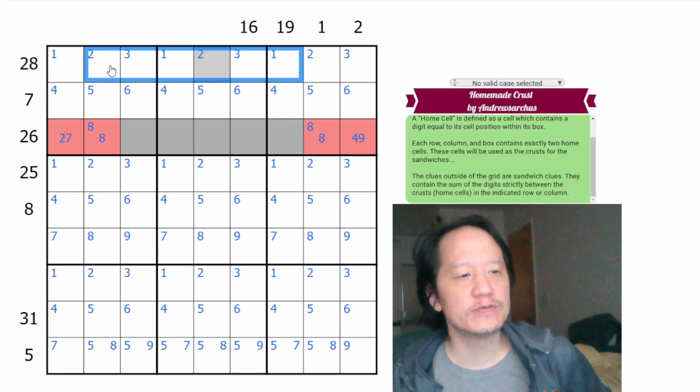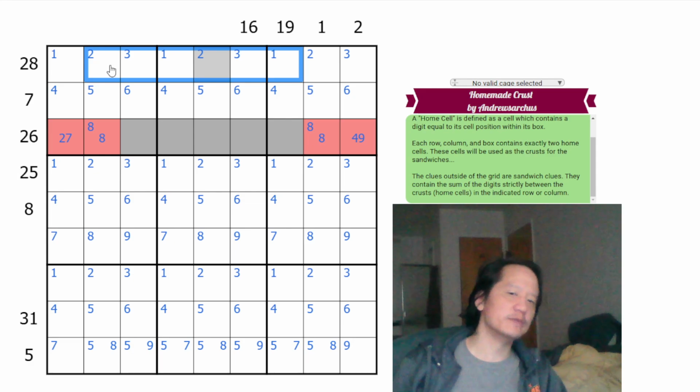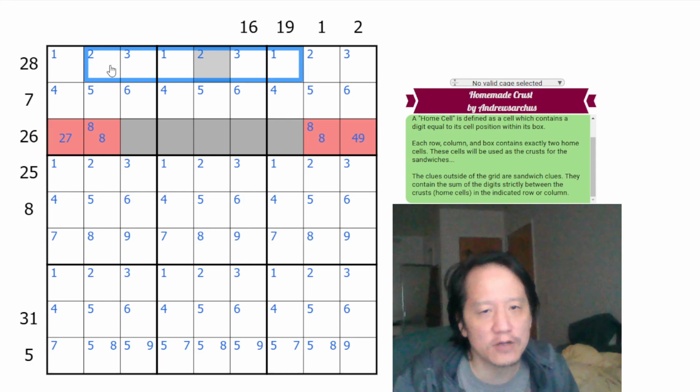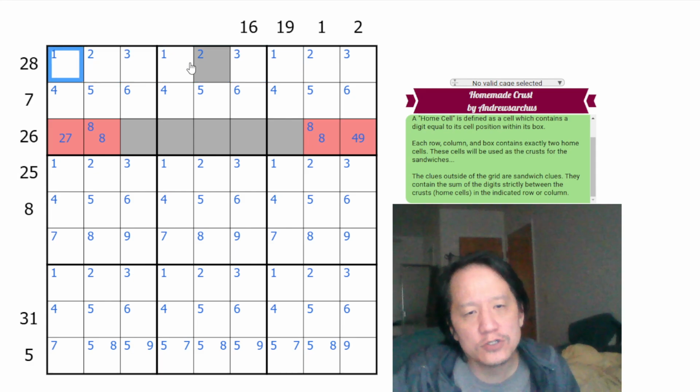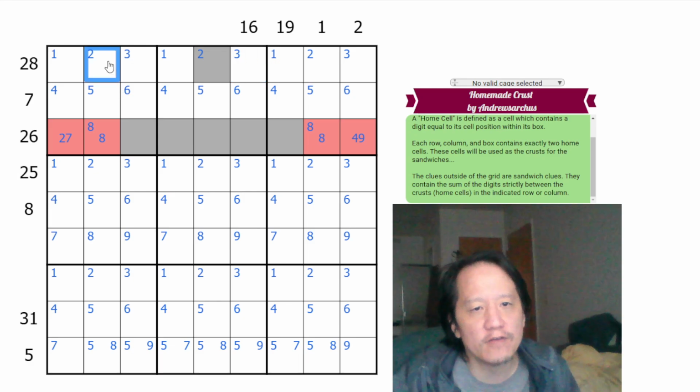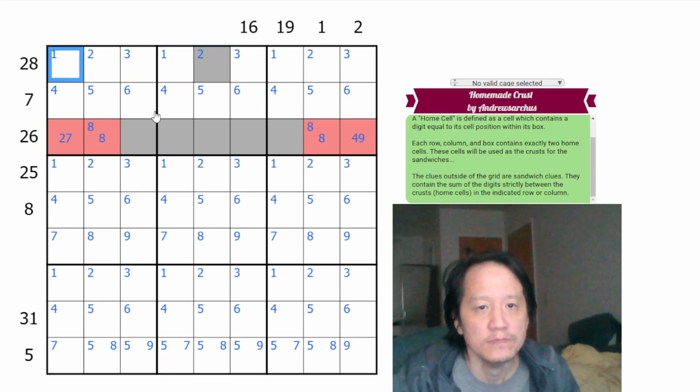And 4 plus 5 plus 6 plus 7 plus 8 is 30. And so it's 31 minimum if you have 6 in between the crusts. So usually it would have to be 4. Could it ever be 5? 1, 2, 3, 4, 5? No. So it has to be 4.